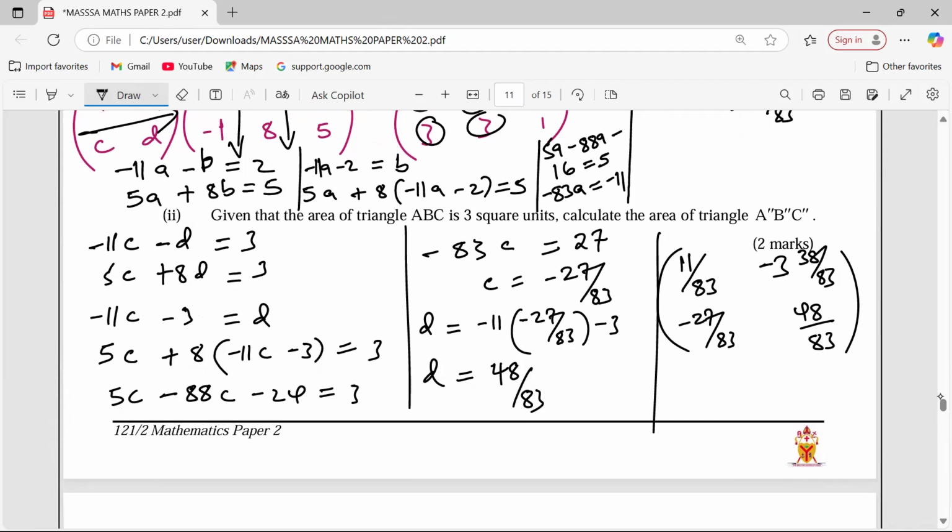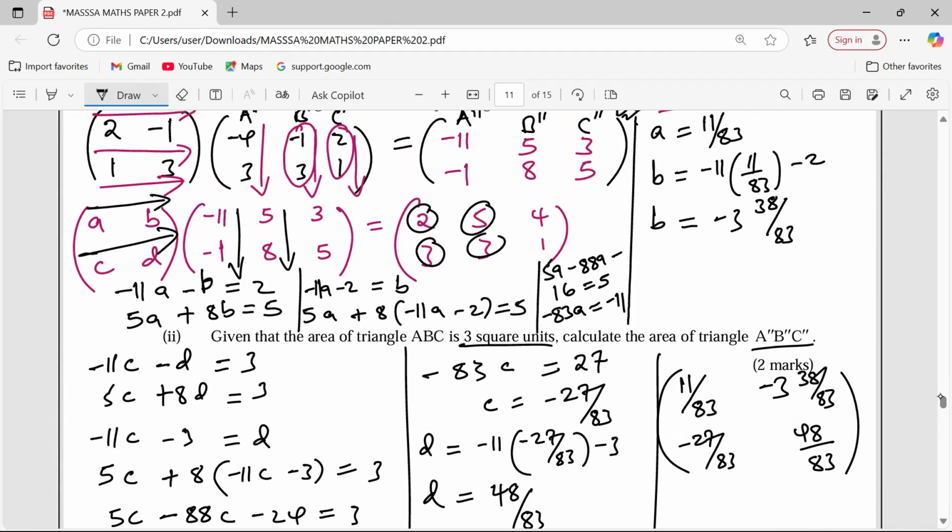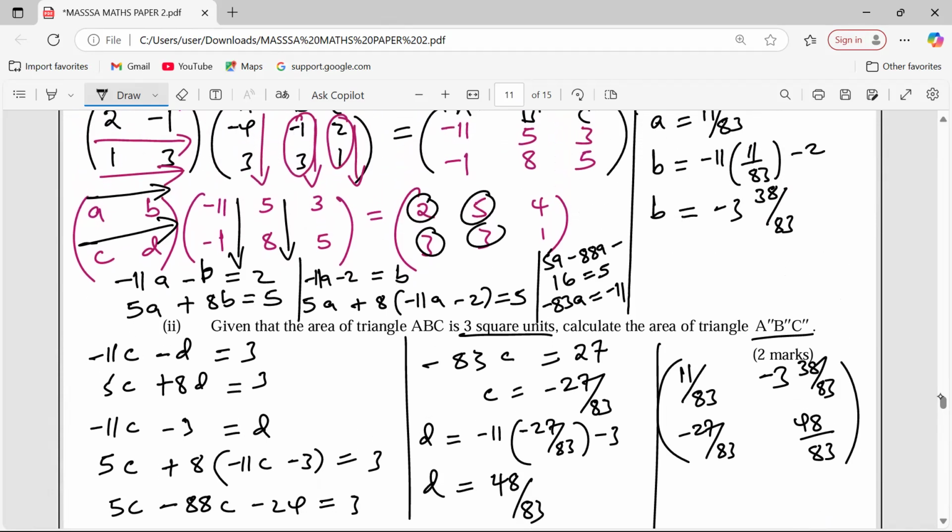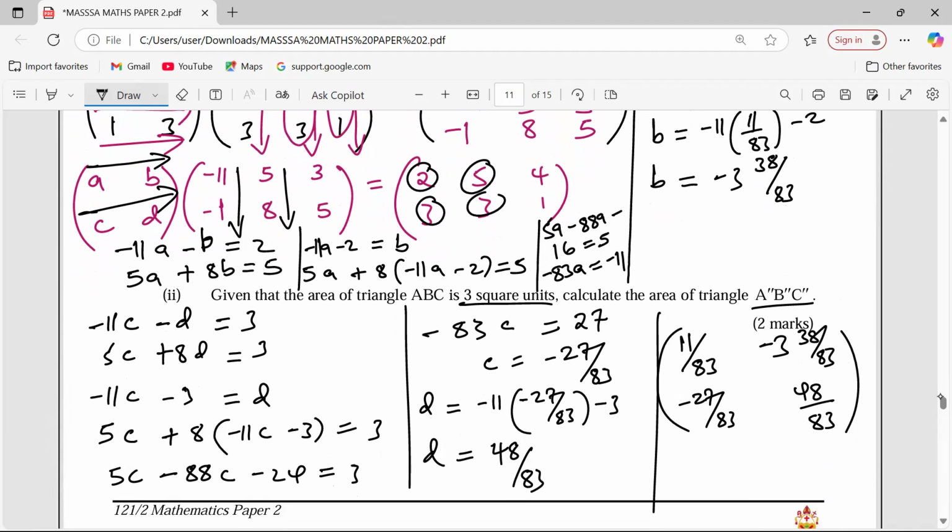So the area of the first triangle is already given, 3 units. Then the area of the final one should be calculated. Remember this one, we are supposed to use what we call area scale factor and the determinant.